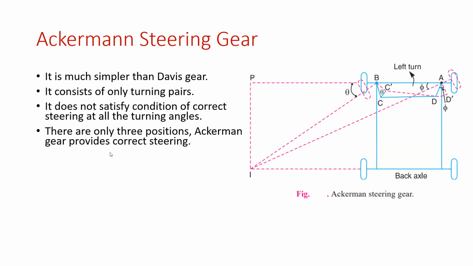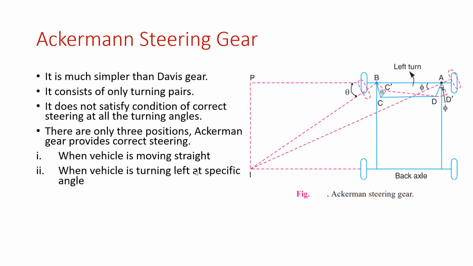But there are three positions where the Ackerman gear provides correct steering. So the first position is when the vehicle is moving straight. No doubt, when the vehicle is moving straight, the ICR will be at infinity for both the rear wheel as well as the front wheel. So at that time there is no problem. The condition of correct steering is satisfied.